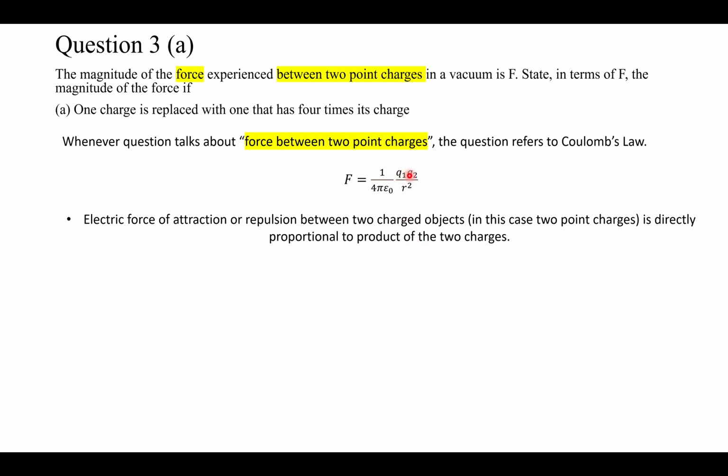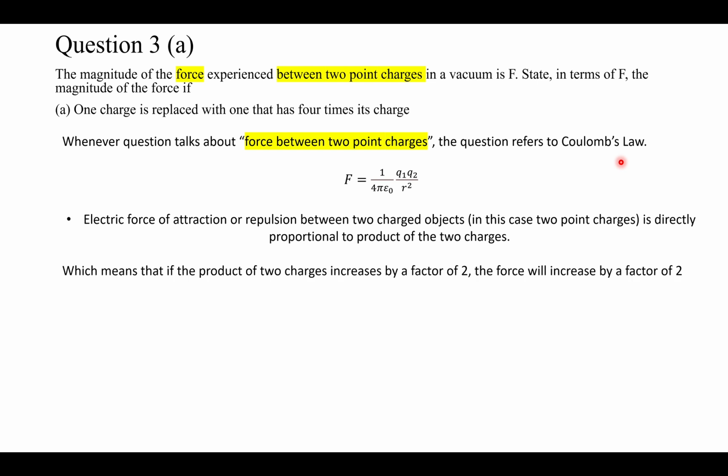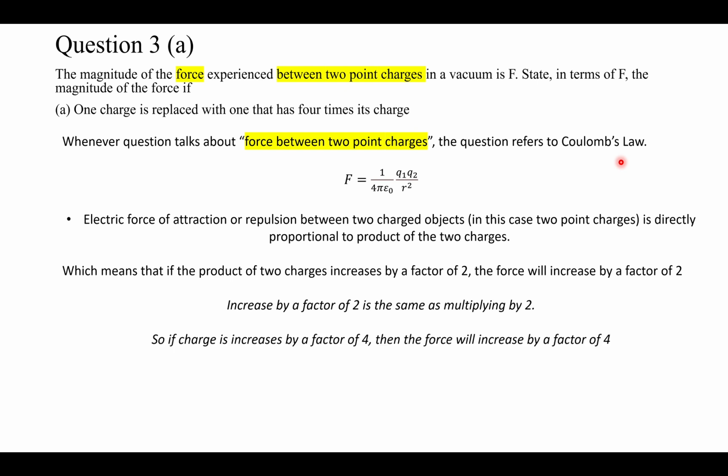So I got two charges, and the force of attraction or repulsion between two charged objects is directly proportional to the product of the two charges. Which means that if the product of two charges increases by a factor of 2, the force will increase by a factor 2. That's what directly proportional means. Increase by a factor 2 is the same as multiplying by 2.